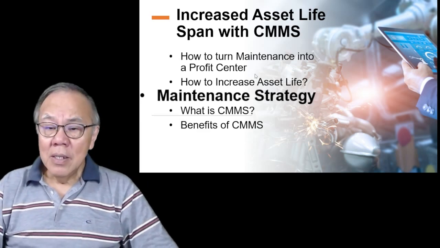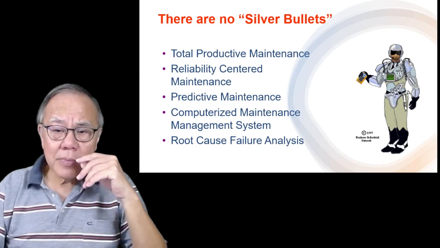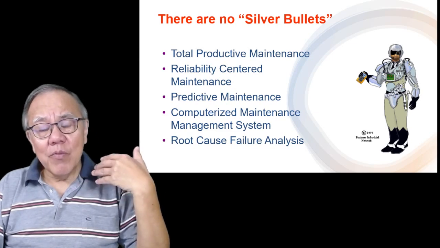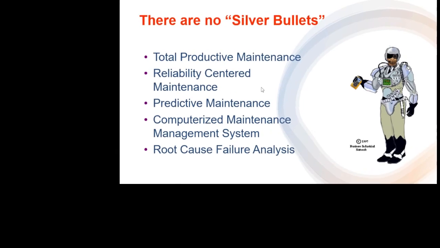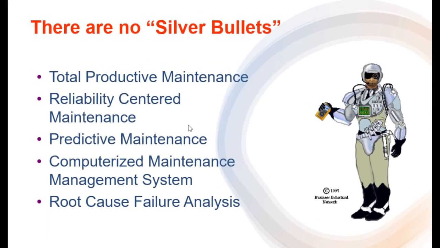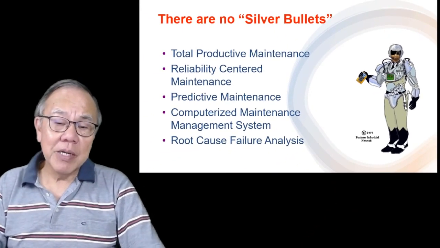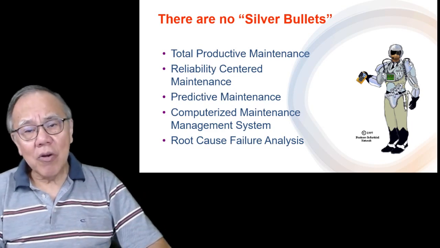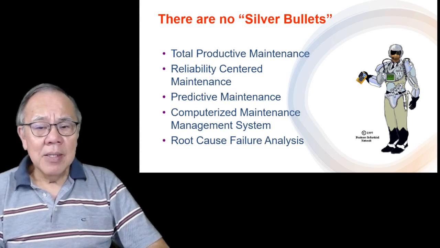Now, in maintenance strategy, there are many maintenance management programs in the market today. You need to incorporate some of these together. You cannot just take TPM, for example, but you need to combine them a bit here and there to get your maximum output.